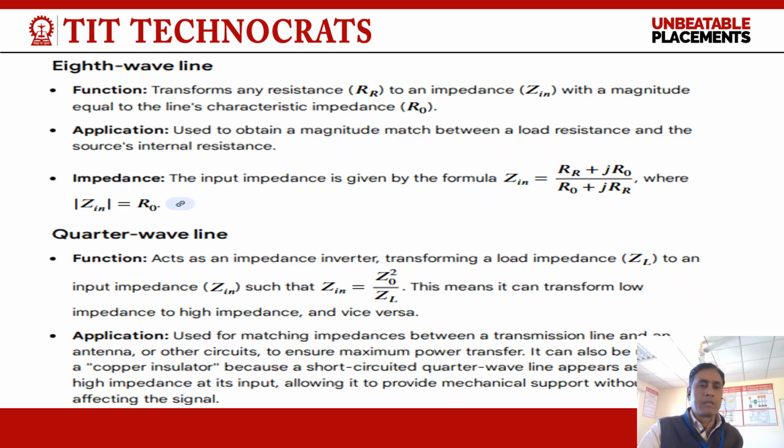So these are some formulas derived on the basis of an eighth wave line, quarter wave, etc. So Zin, if we talk about eighth wave line, is equal to (RR plus jR0) upon (R0 plus jRR). For the quarter wave line, Zin is equal to Z0 square upon ZL.